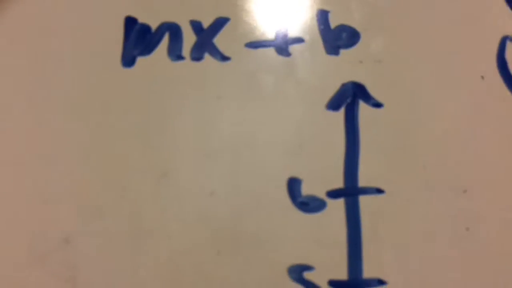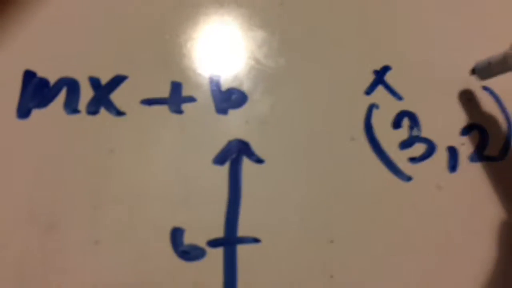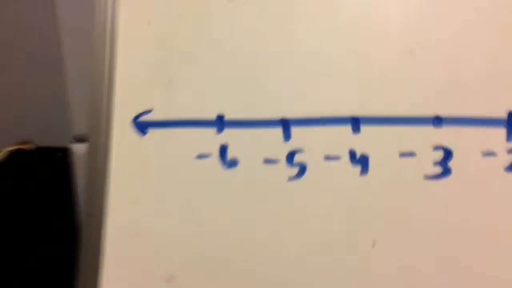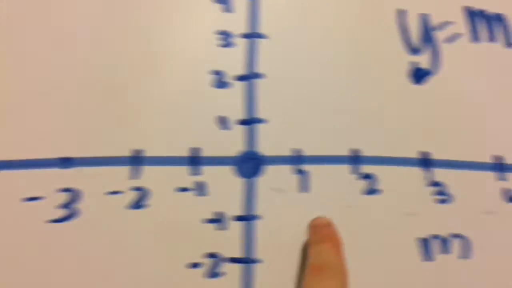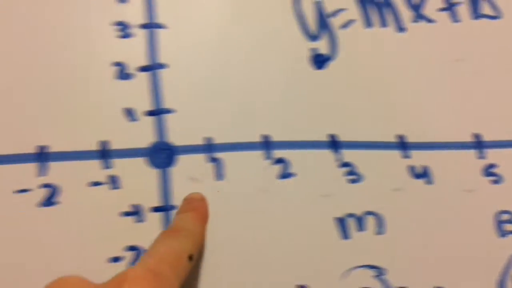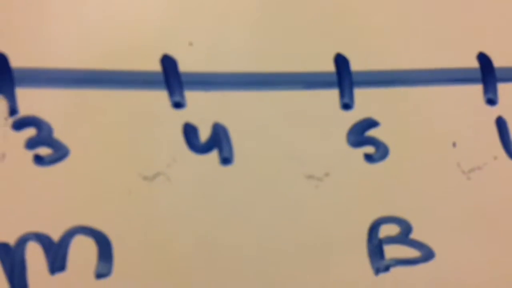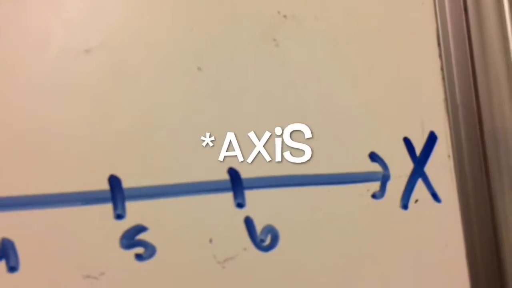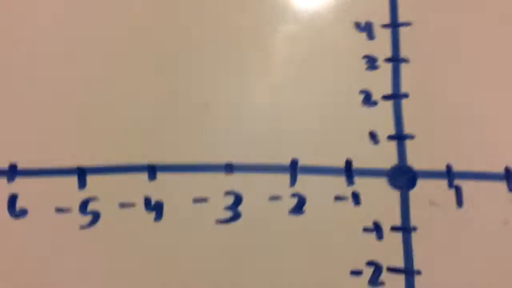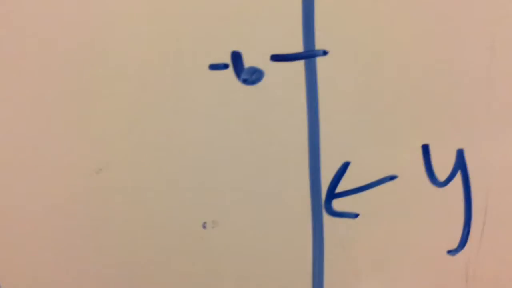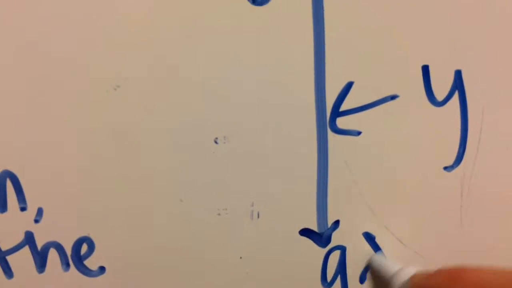So your 3 would be your x, and your 2 would be your y. And this whole entire line is your x axis. And then this whole entire line would be your y axis.